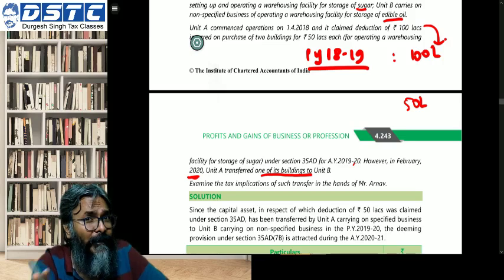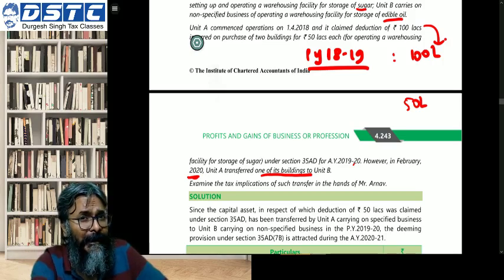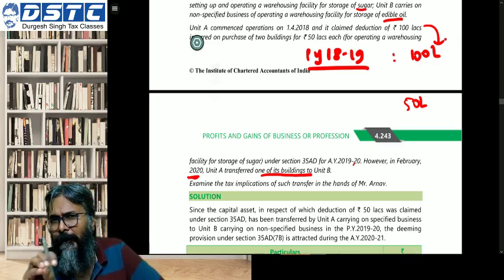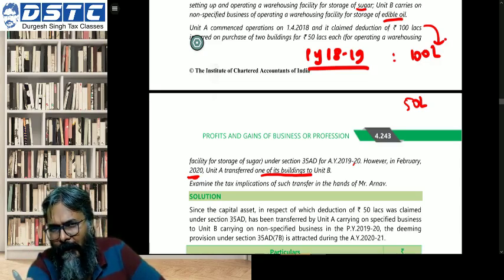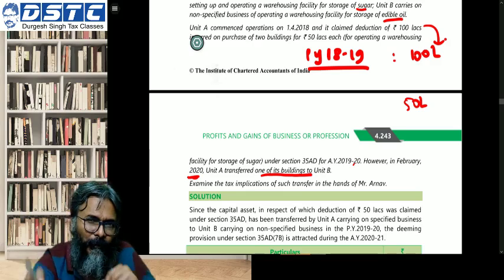No. If this assessee would not have taken the deduction of 35 AD, then he would have been eligible for depreciation. So accordingly, we will reduce the notional depreciation from that deduction amount, and the balance amount will be considered as the deemed income, which will be chargeable.